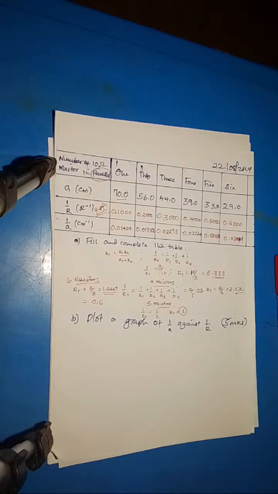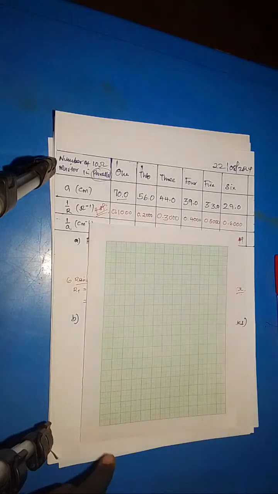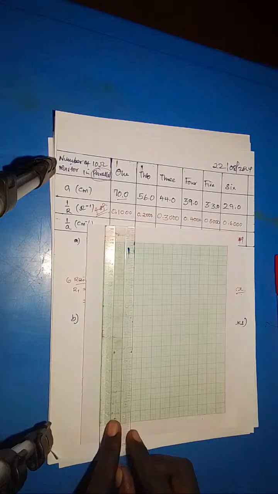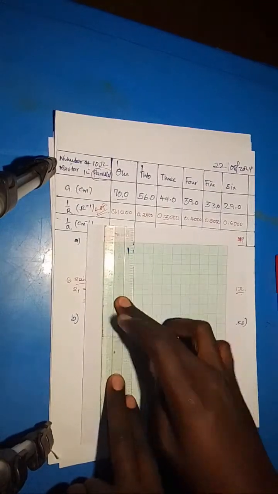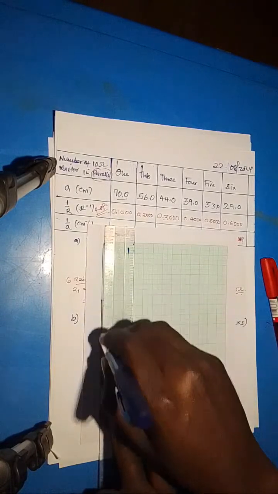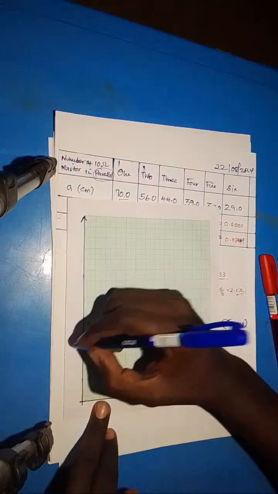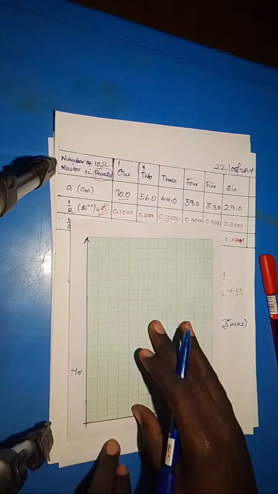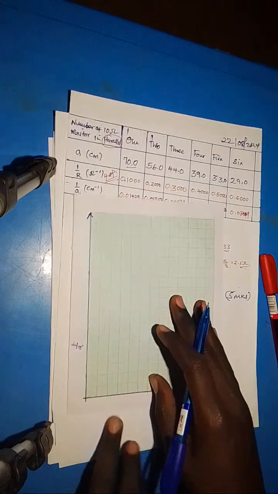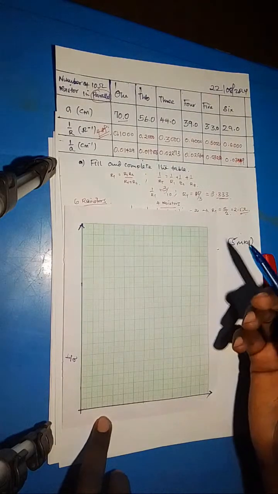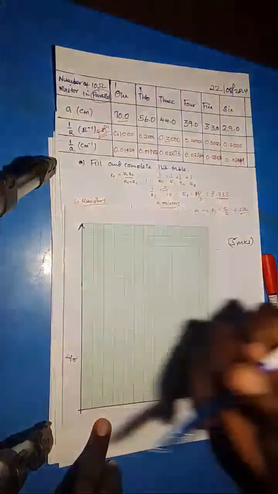Therefore, I will pick my graph paper here, and the first thing is that I make this axis of A. From what is given, we can see it is given in per centimeter.